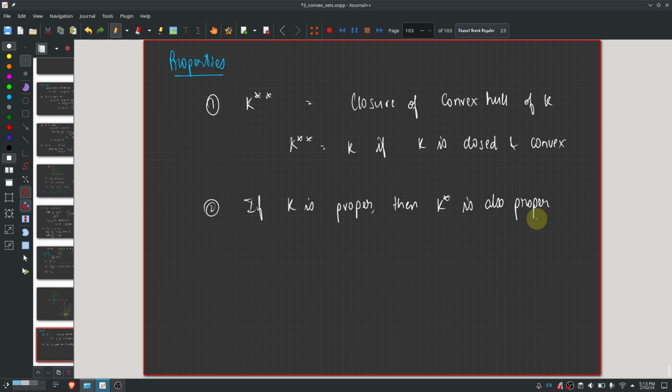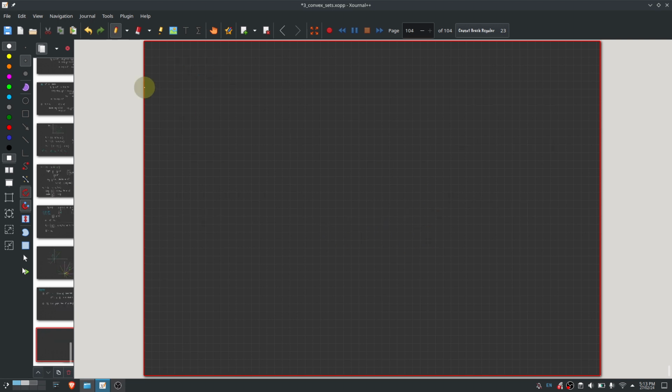So here are some examples for you to consider. Try to find the dual in each of these cases. K is a subspace. K being equal to some ray, that's something we've already seen. And again, half space.